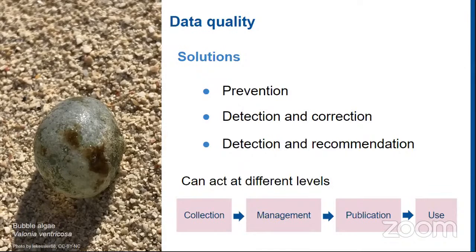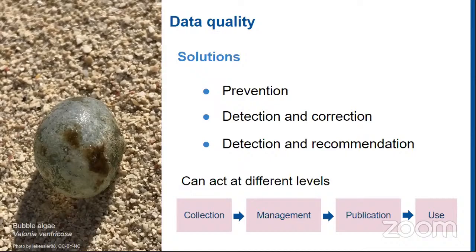This is not always possible. Sometimes we can detect them, but we don't have the resources or the knowledge to correct them. So then there is another approach that is detection and recommendation. So we note the error, we see it, and we recommend the solution, but without actually applying it ourselves.